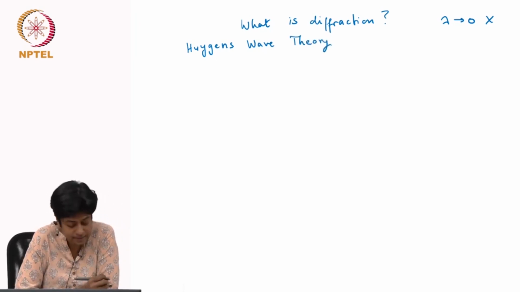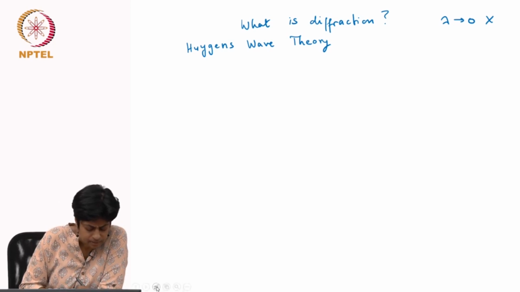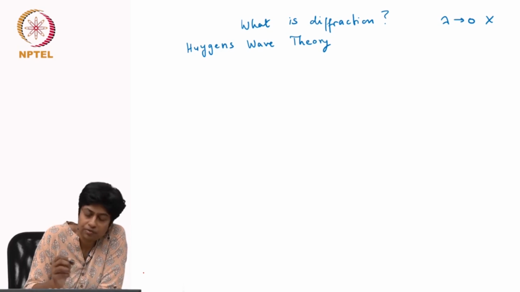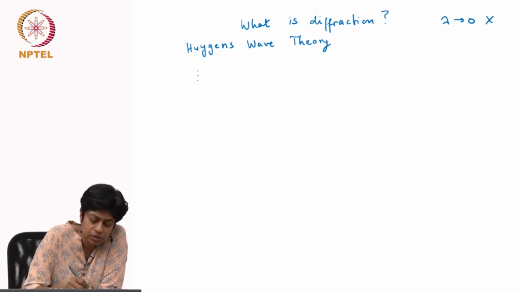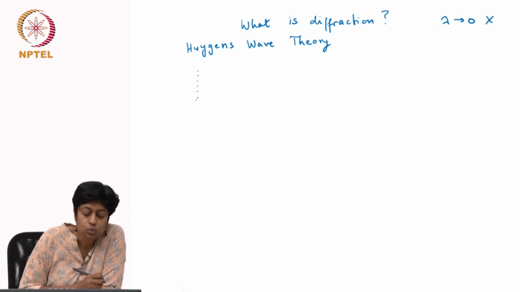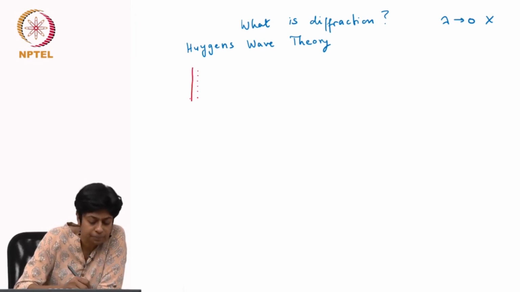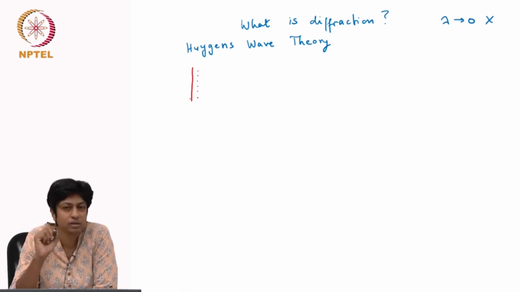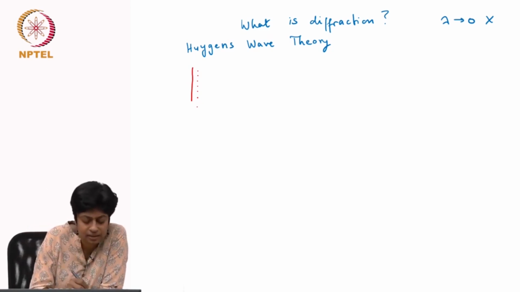Now, the scientist Huygens came up with this hypothesis that you could think of any wave as being constituted of many sources. So I drew this earlier as a plane wave, but you could think of every single point on this plane wave acting as a secondary source.